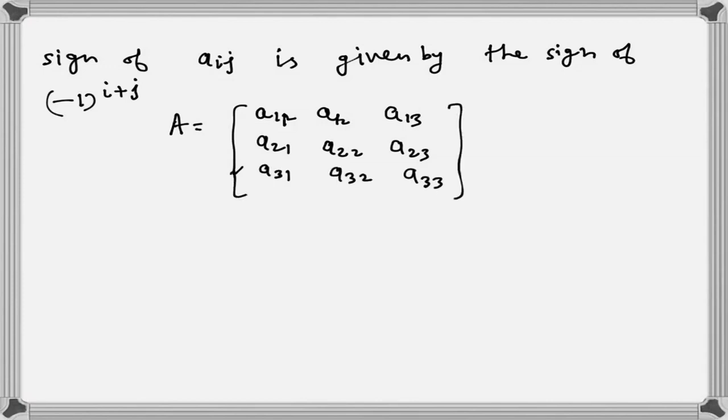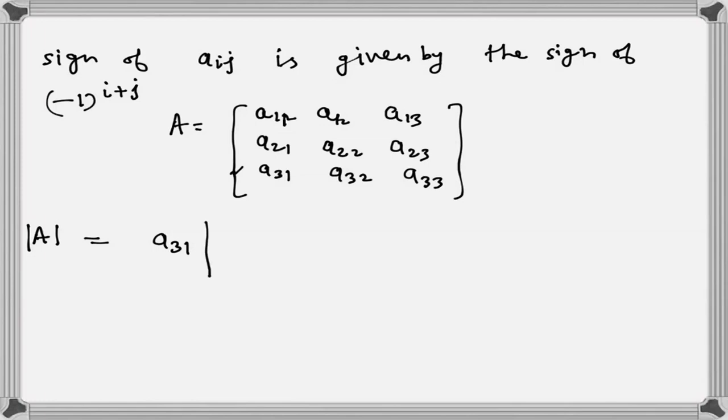Suppose instead of the first row I take the third row. Then I can write the determinant of A as the first element of the third row, a31, and the sign will be positive because (-1) to the power 4 is 1, so plus sign.